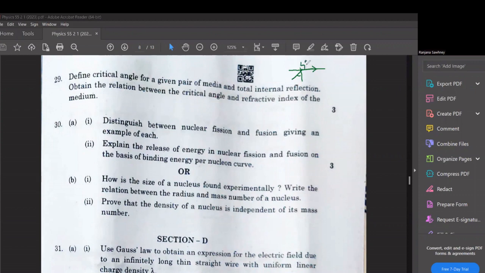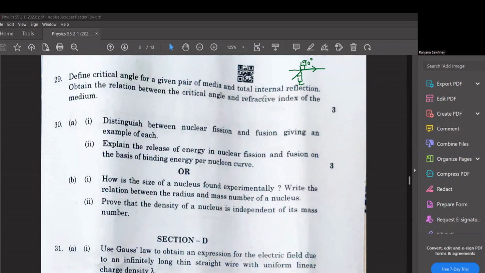That is, the angle of refraction in the rarer medium is 90 degrees. This angle, we call it the critical angle of incidence. So it is that angle of incidence whenever the ray of light is passing from denser to rarer medium, the angle of refraction in the rarer medium is 90 degrees.